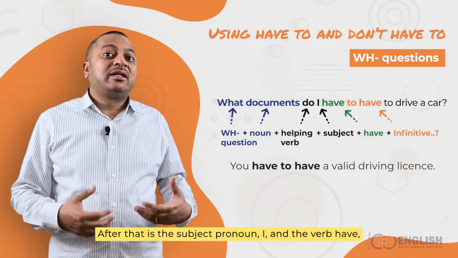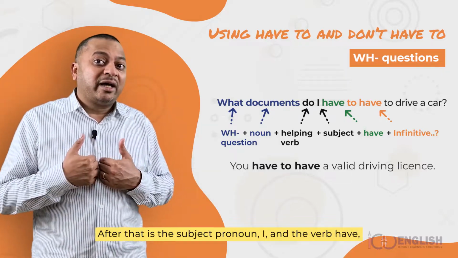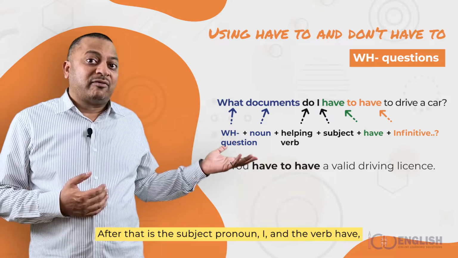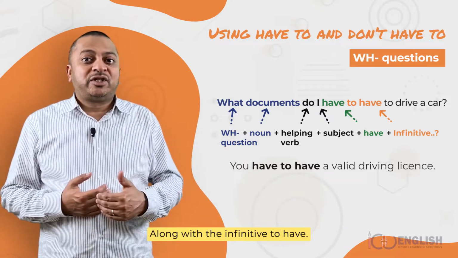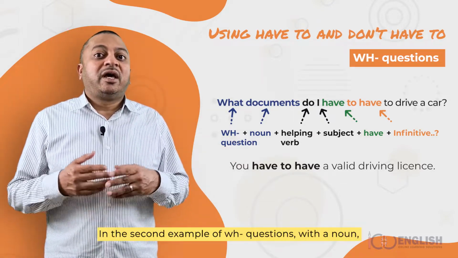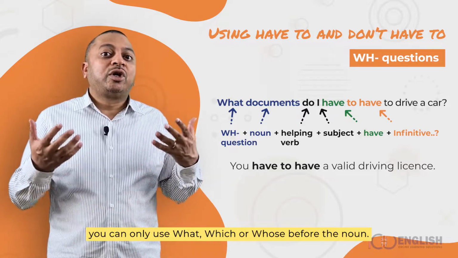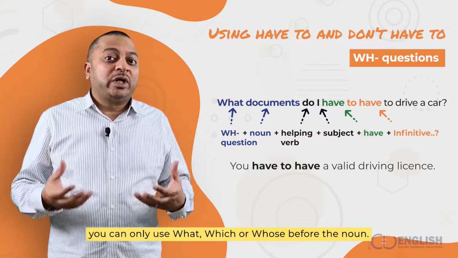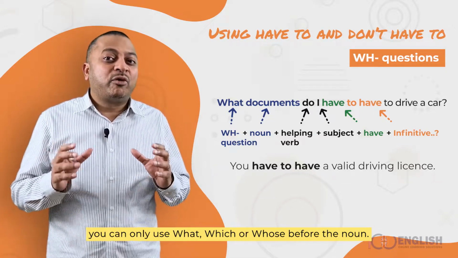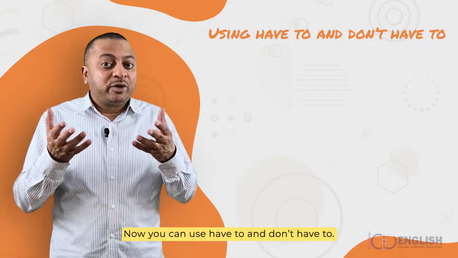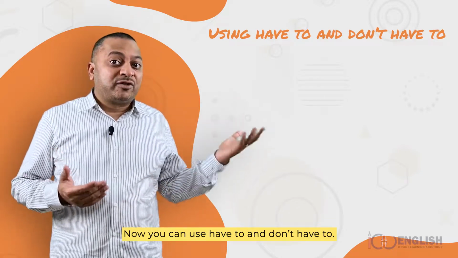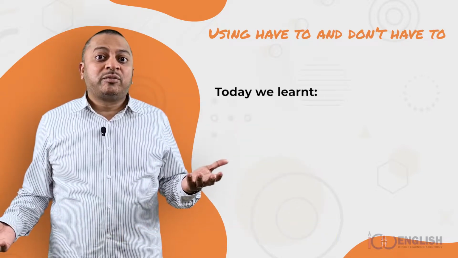After that is the subject pronoun I and the verb have, along with the infinitive to have. In the second example of WH questions with a noun, you can only use what, which, or whose before the noun. Now you can use have to and don't have to.